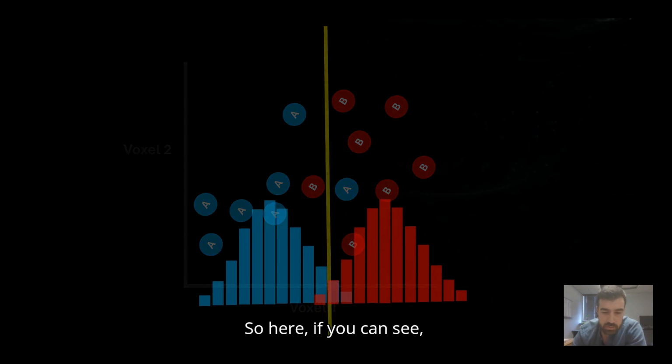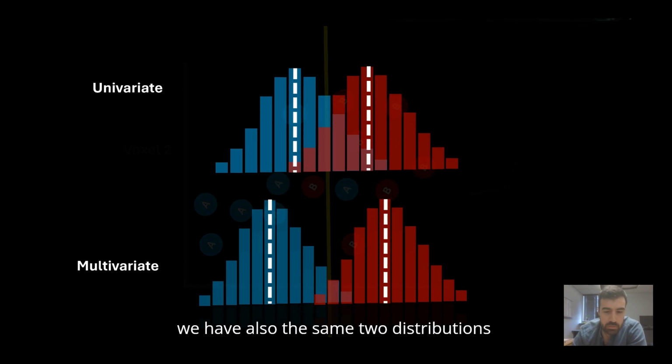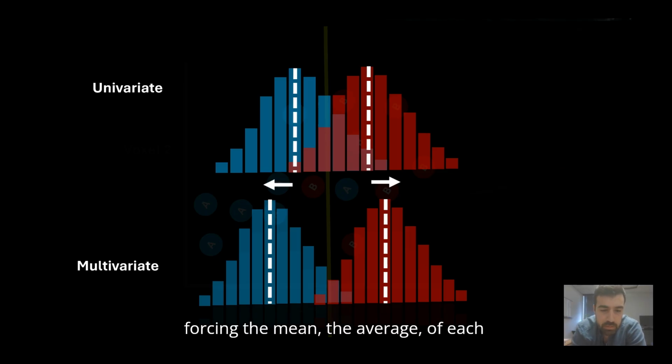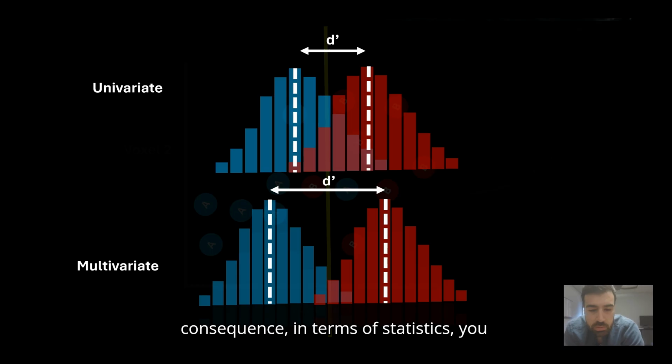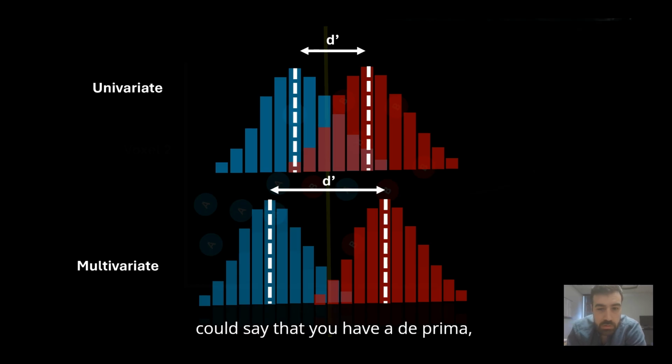Here, you can see we also have the same two distributions, A in blue and B in red, but the multivariate approach is making the means of the distributions slightly more separated, and as a consequence, in terms of statistics, we could say that we have a more open difference than in the case of the univariate.